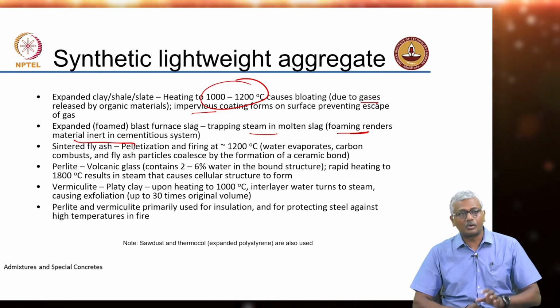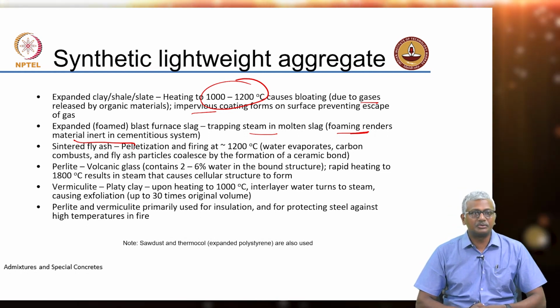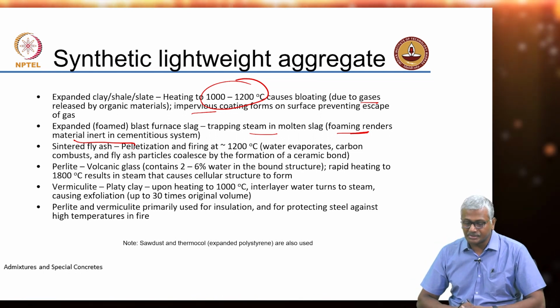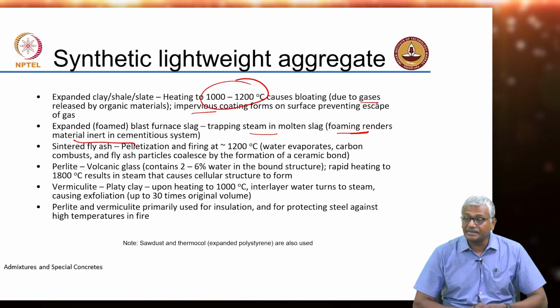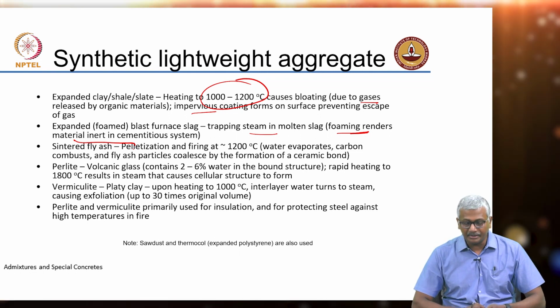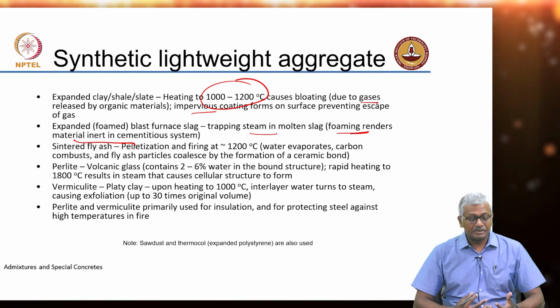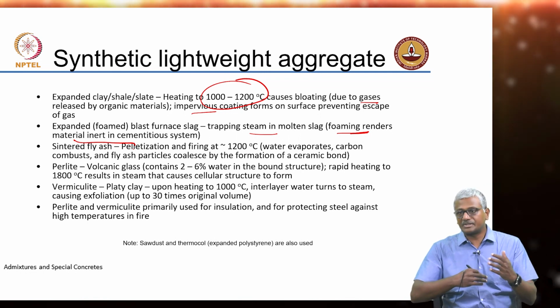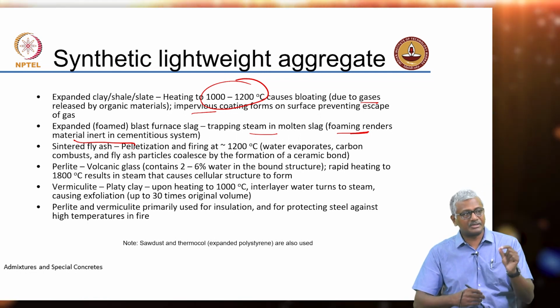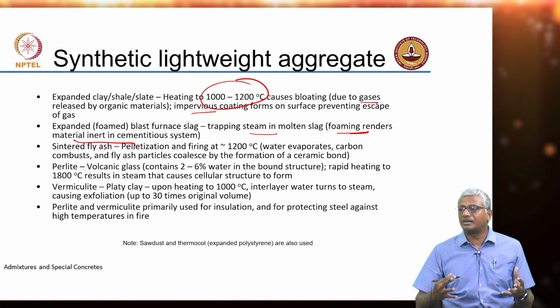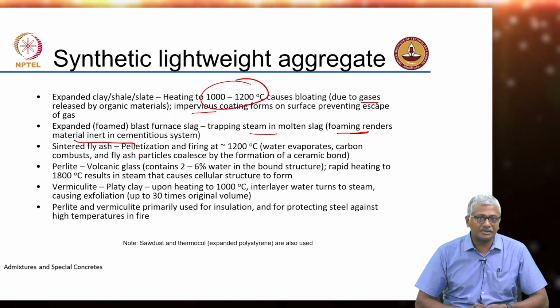Perlite is essentially volcanic glass, which you can then expand by heating to a temperature of 1800 degrees Celsius. And vermiculite is a foliated platy clay. The interlayer water basically turns to steam and causes exfoliation, separation of these individual plates, and then the overall material as an aggregate becomes extremely light in weight.